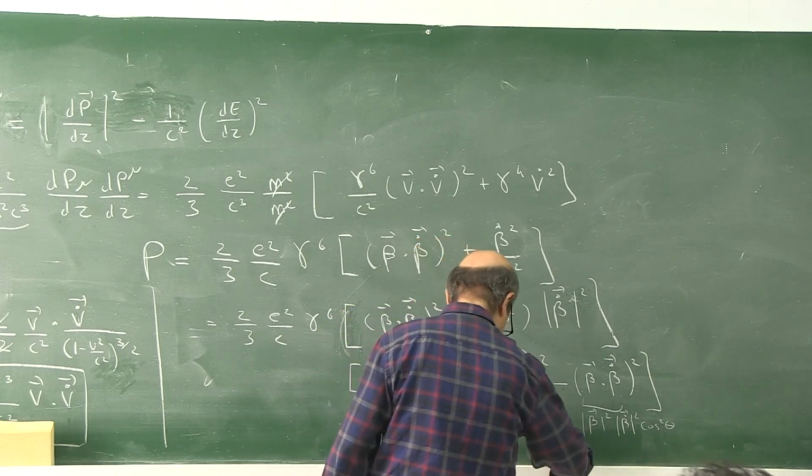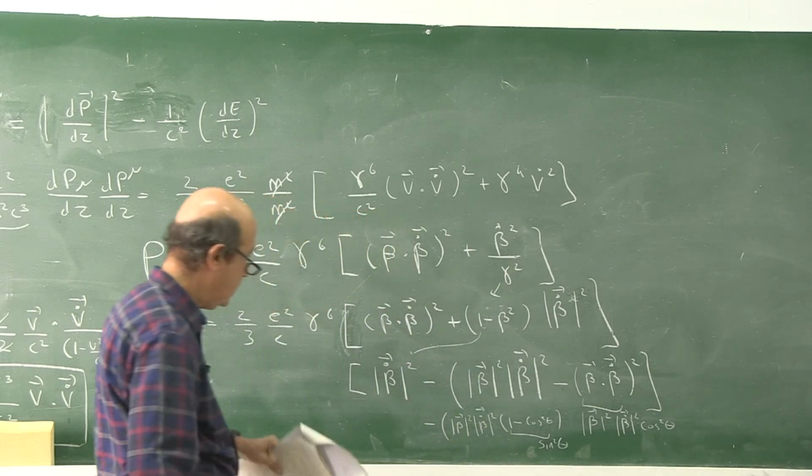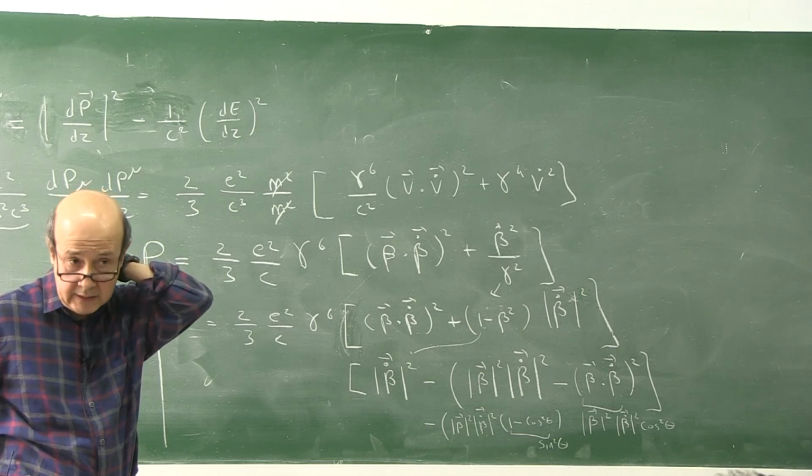That means that this is sine square theta, and beta square, beta dot square, sine square theta is nothing but the square of the beta cross beta dot.